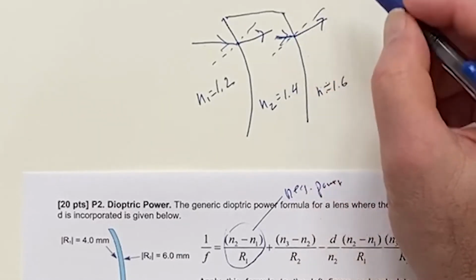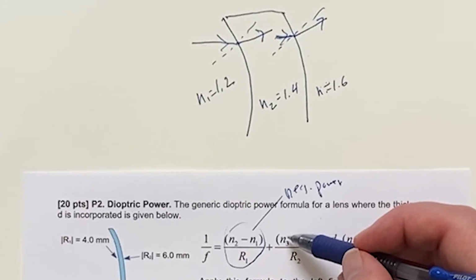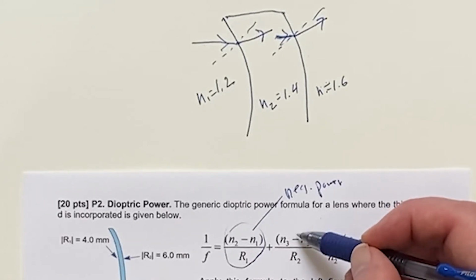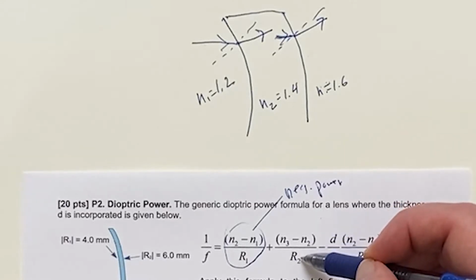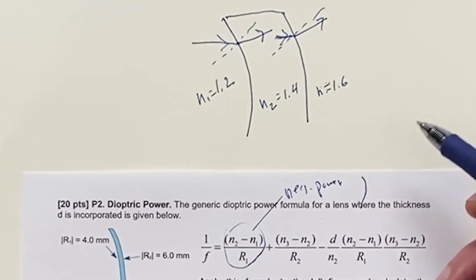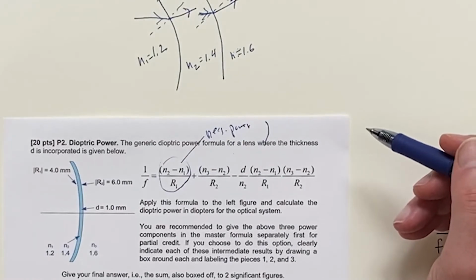So that's a negative power. So this is also negative power. So if I have N3 more positive than N2, this is positive. And then if I put in R2 as a negative curvature, you're going to get the right answer. So now it's just a matter of putting in the numbers, all right?